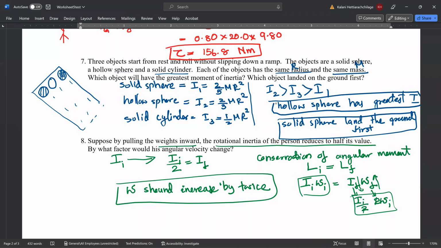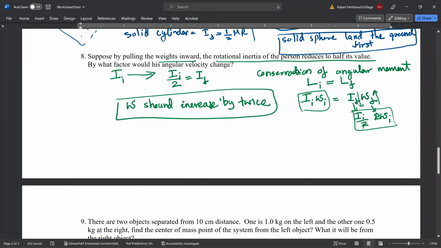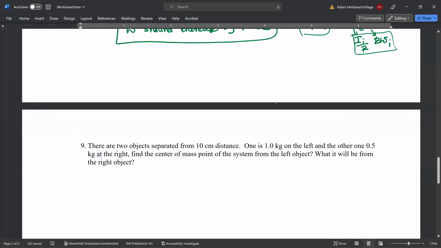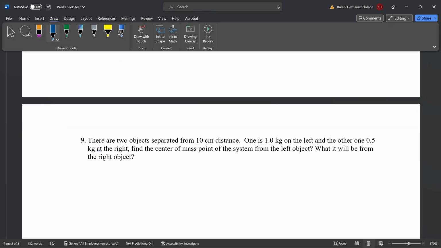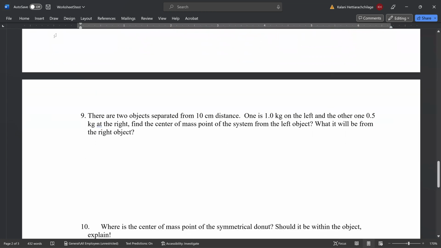Okay, so now let's move on to the next question. The next question is talking about the center of mass of the object. Next two questions actually. Center of mass of a system of objects. In this case, you have two objects separated by 10 centimeters. Always draw the diagram.